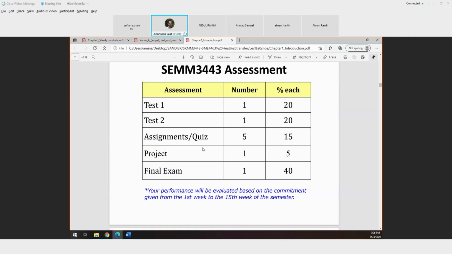The assignment will be 10%, and the project is 10%. Previously the project was 5%. It's very small, and because of this, some of you did not submit the project, probably because the weightage is very small. So we changed the project to 10%, and the assignment or quiz will be 10% as well.